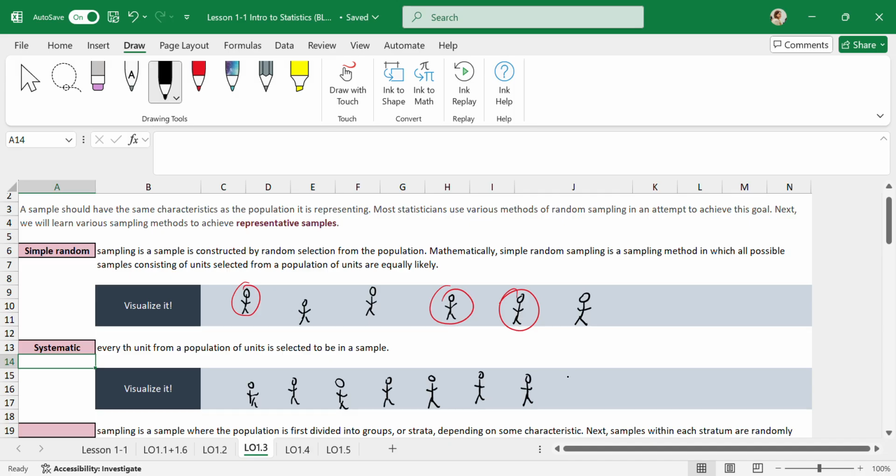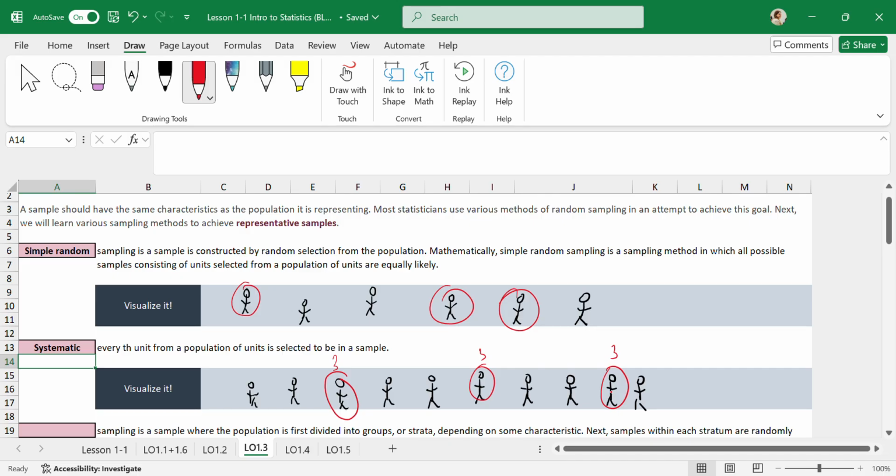Let's say you choose every third person. That means you would pick every third person to be in your survey, so you'd ask them your question. 1, 2, 3, you'd ask number 3. 1, 2, 3, you'd ask again. 1, 2, 3, you ask this person again. This method is really commonly used if you're physically at a location.